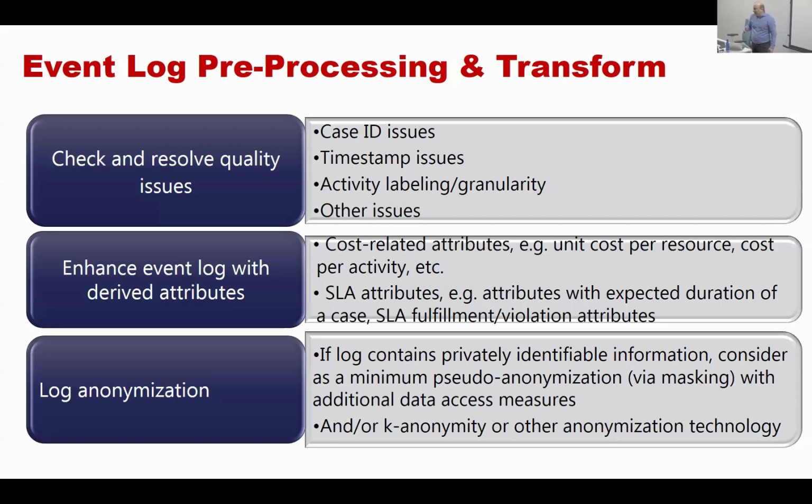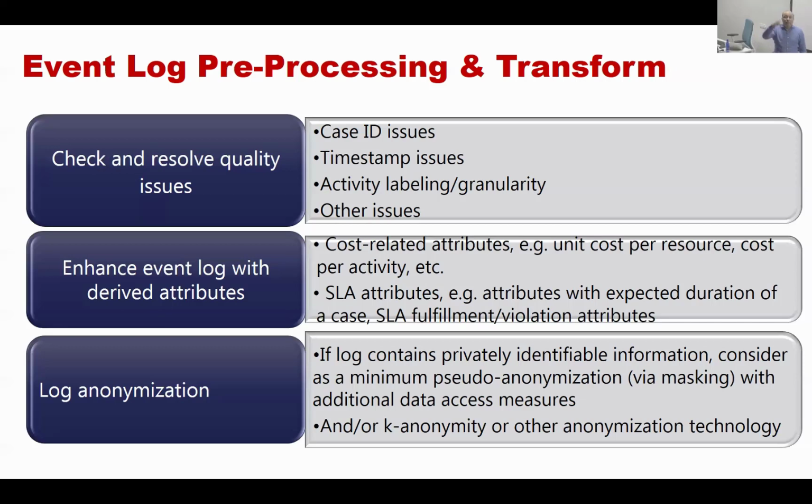And finally, in the case where your event log contains private information, particularly in the context of customer-facing processes, where you are talking about data that has been generated by the activity of end customers, you are dealing with private or personally identifiable information, and you need to make sure that you take appropriate measures to handle it.